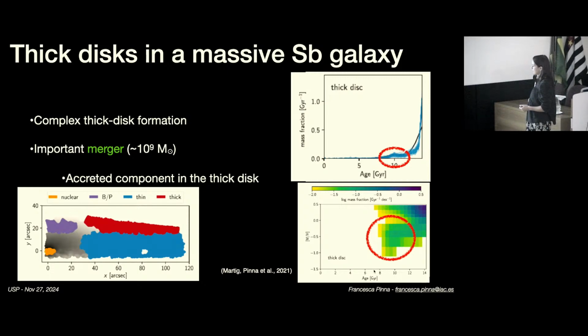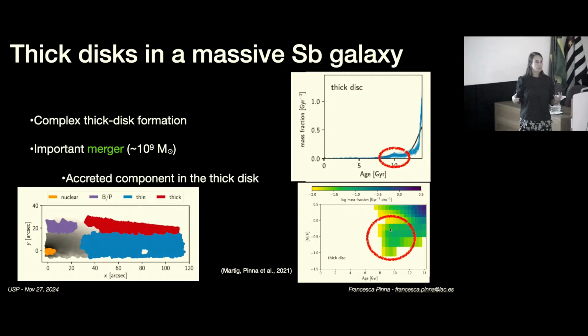But at a certain point, for ages between 8 and 10 gigayears, we have somehow a bimodality. So here the higher mass fraction is blue and the lower is yellow. So it is higher in these two green regions, here and here. And this means that we have a bimodality in metallicity for similar ages.